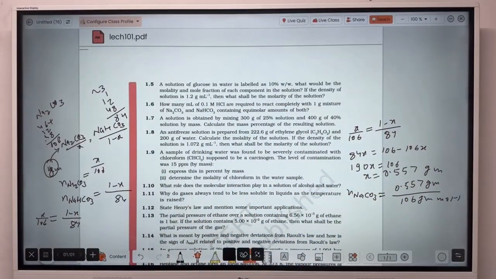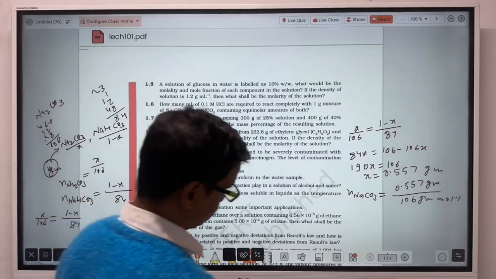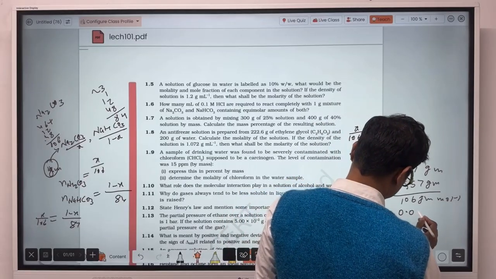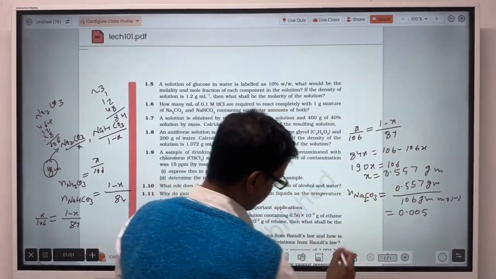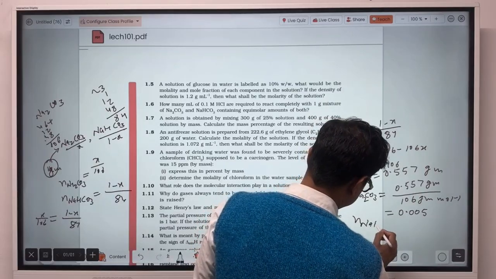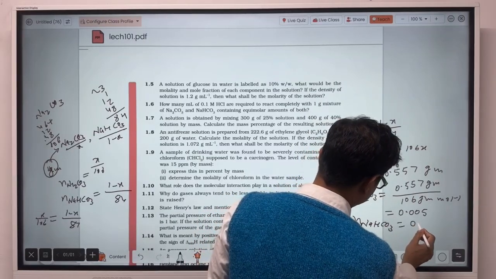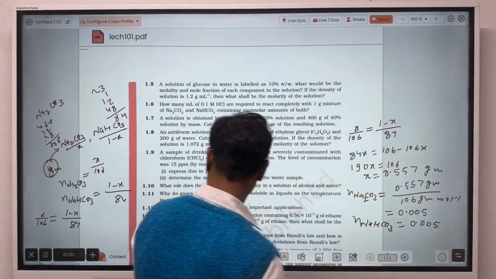That much you will find out as the number of moles of Na2CO3. So the number of moles of NaHCO3 will also be equal to 0.005.